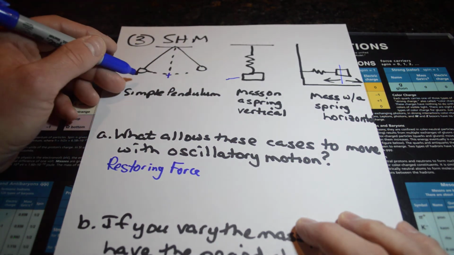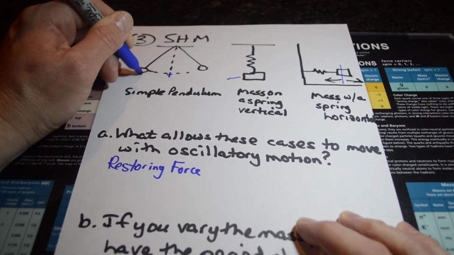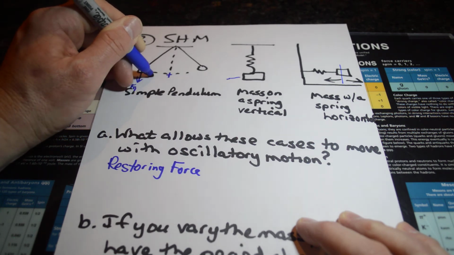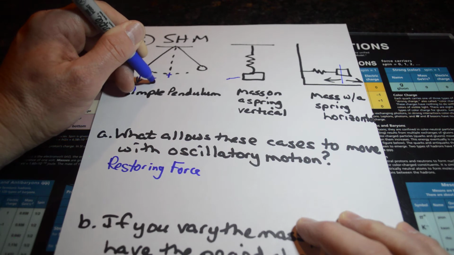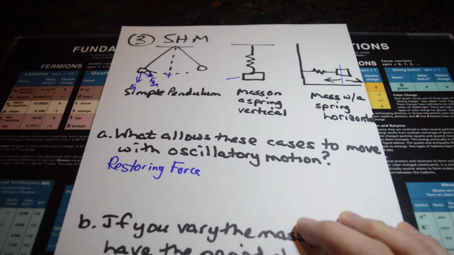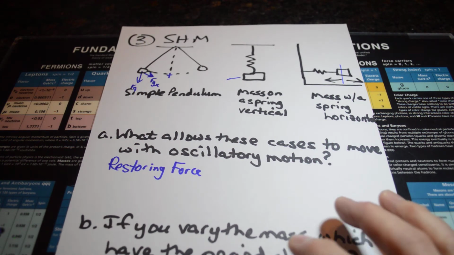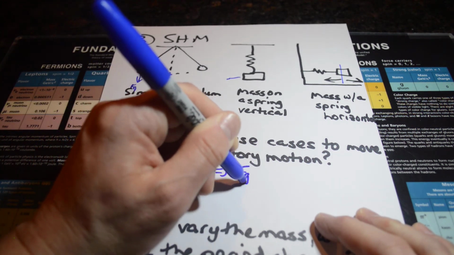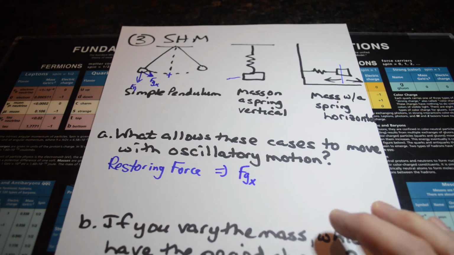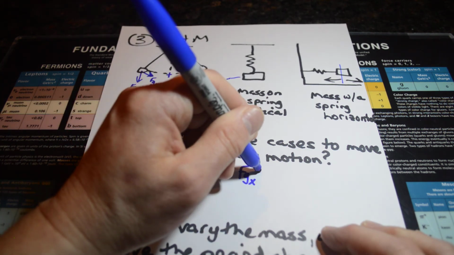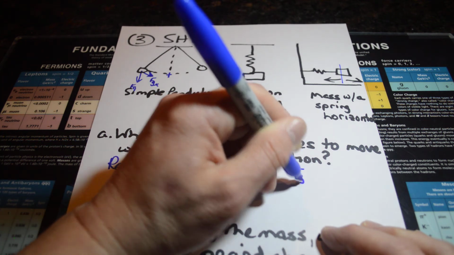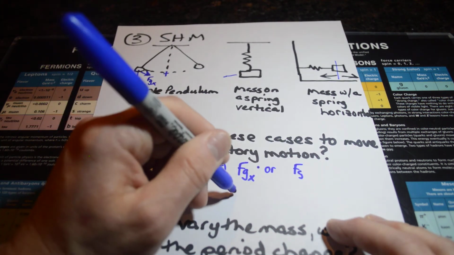For the simple pendulum, it's got gravity, but it's really the component that pulls it to the center, which we might call the x component of gravity, that gives us the restoring force. So it's either, in terms of a pendulum, that x component, or it's going to be the spring force that is going to get the job done.